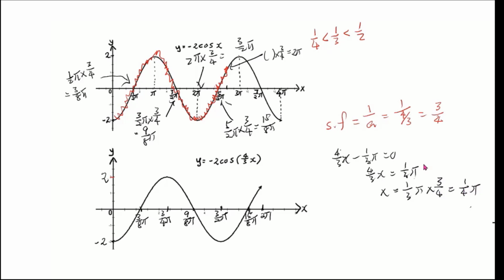Since it is a positive value, it means we need to do the translation to the right hand side for 1 over 4 pi. So this means that all the values of x here need to be shifted to the right hand side for 1 over 4 pi.